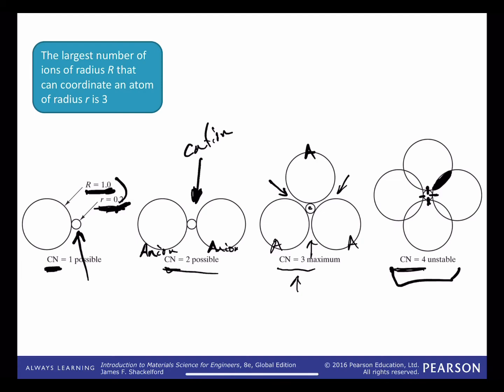So we'll see here this is tabulated for us, and that the ratio here of 0.2 to 1, giving an outcome of 0.2 as the ratio between the two, indicates that coordination number of 3 is allowed.